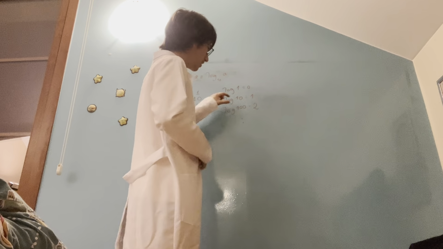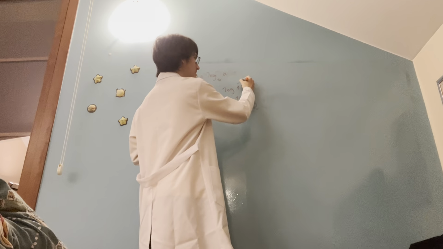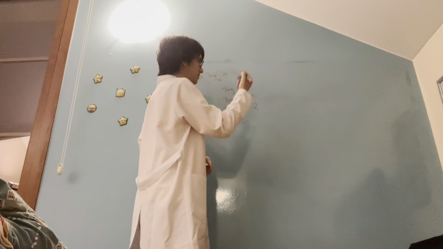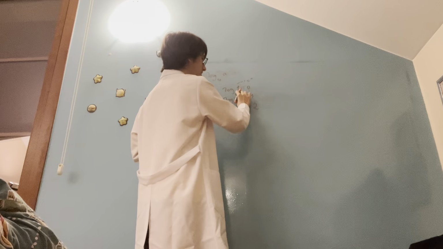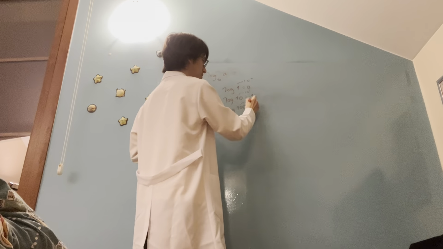It actually lets us determine the number of digits of our numbers in a decimal system. If we use this system, what is 1? Well, this is 10 to the power of 0, so that's why its logarithm is 0. What is 10? It's 10 to the power of 1, and 100 is 10 to the power of 2, and so on.